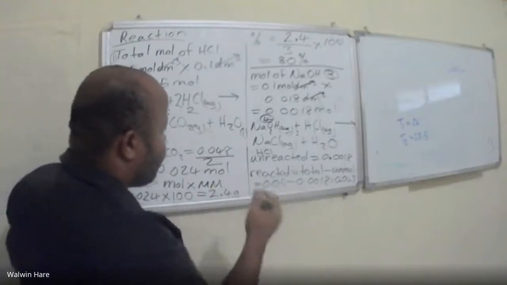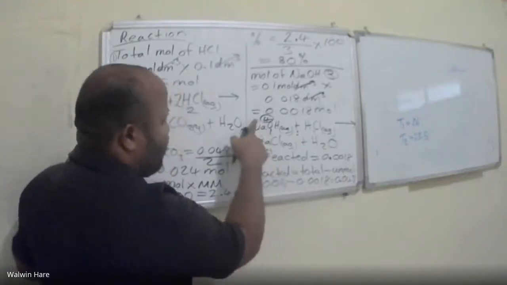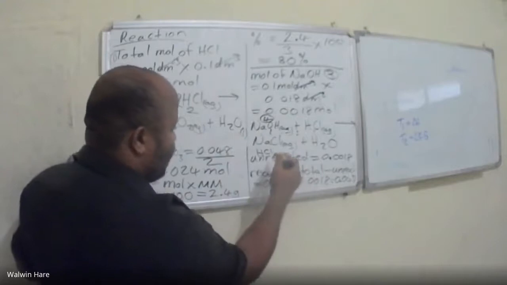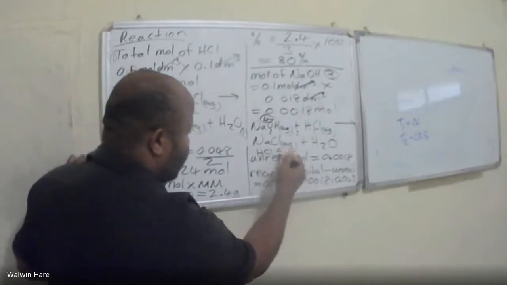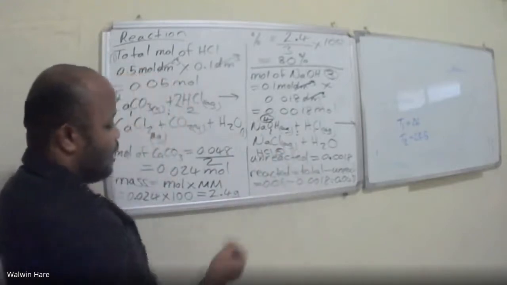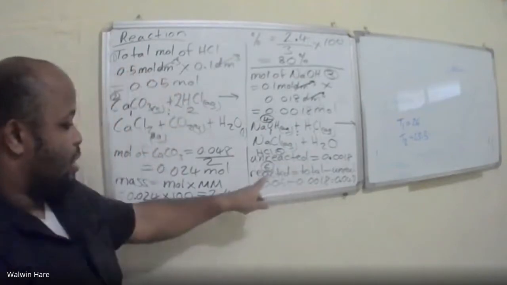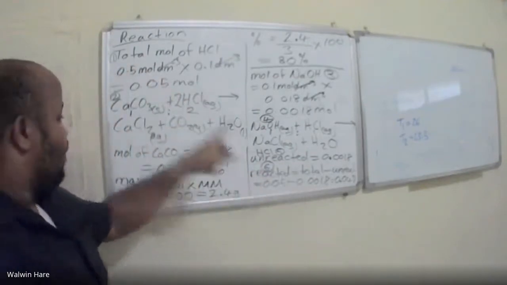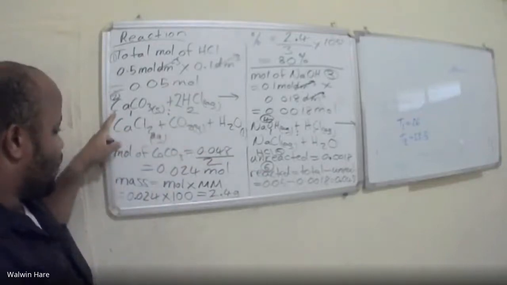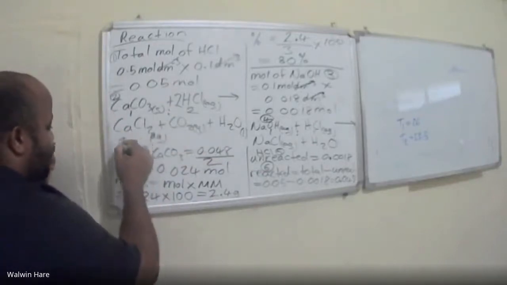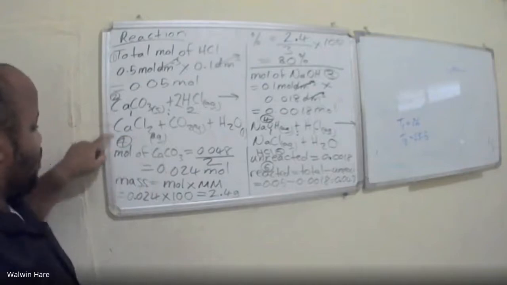So step 5, after writing the balanced equation, you work out the moles that is unreacted, and step 6, you get the moles that actually reacted. And then you come back to the balanced equation and calculate the moles of the calcium carbonate.